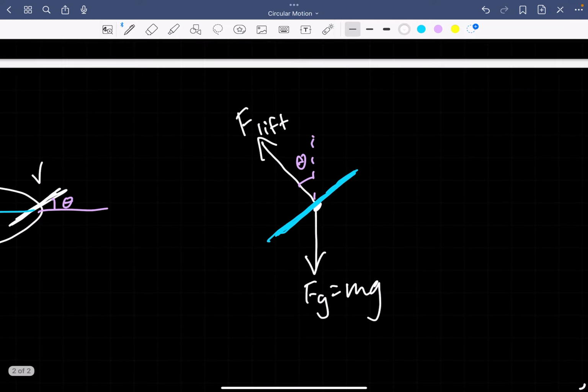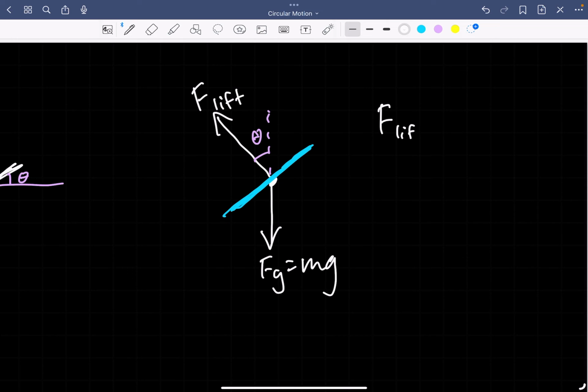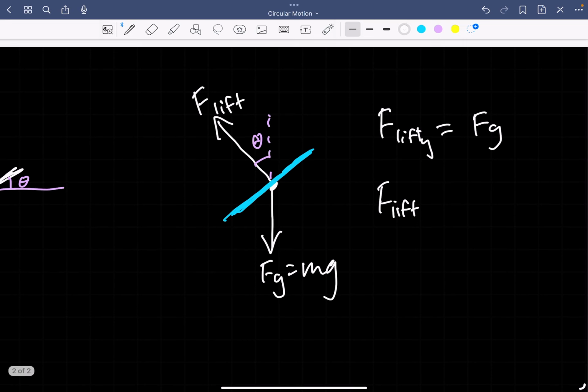So that means that the y component of lift, F lift y, is equal to Fg. And what that gives us is that F lift, and then we can see that the y component is going to be cosine theta, is equal to mg.